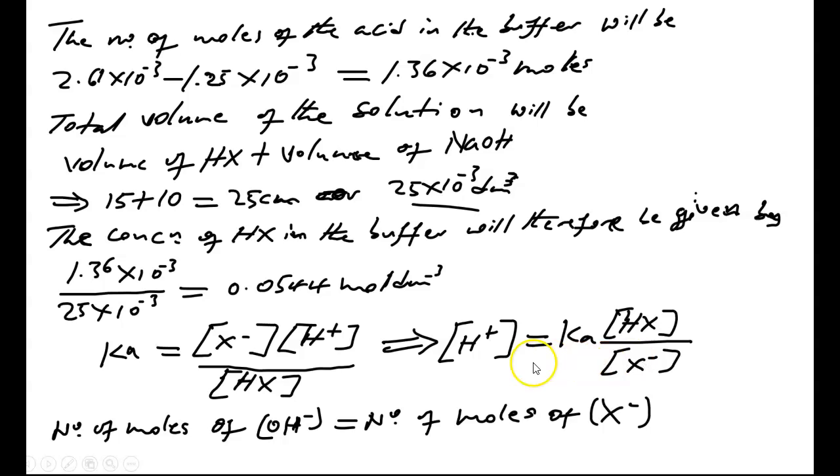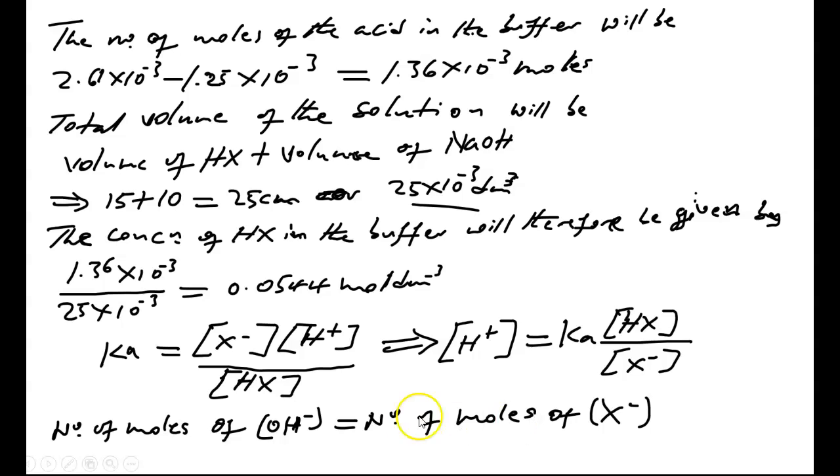Now, what we need to know is that the number of moles of OH⁻, which is the number of moles of the sodium hydroxide, is equivalent to the number of moles of X⁻, the conjugate base, because sodium hydroxide is a strong base and therefore undergoes complete ionization.